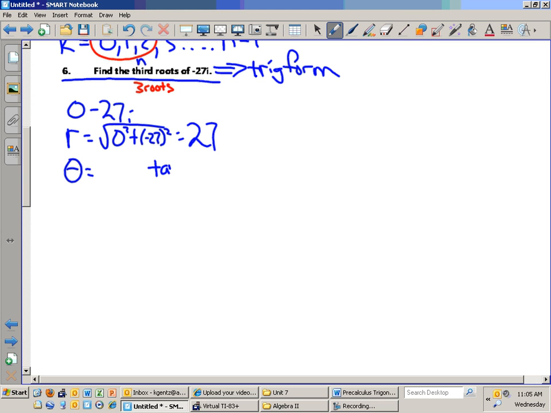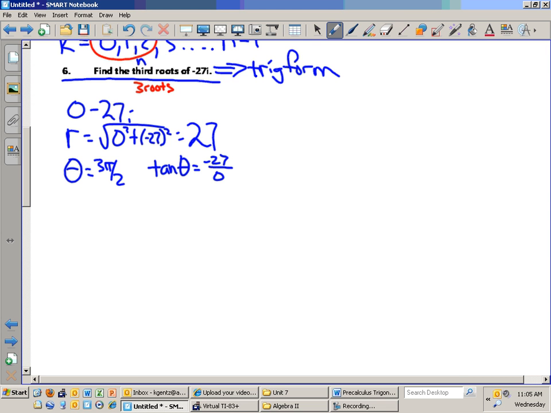So tangent of theta equals b, which is negative 27, divided by a, which is 0. What's negative 27 divided by 0? Undefined. Where's tangent undefined? 90 or 270? Which one am I talking about? 270. Very good. And so that's 3 pi over 2.